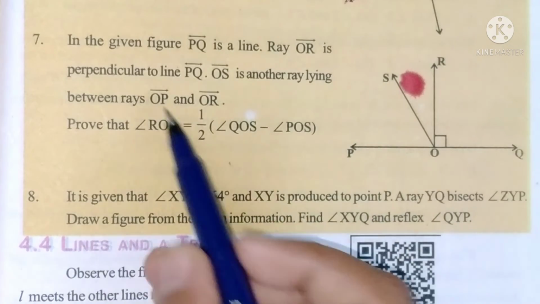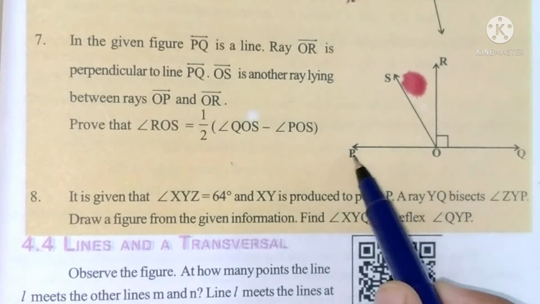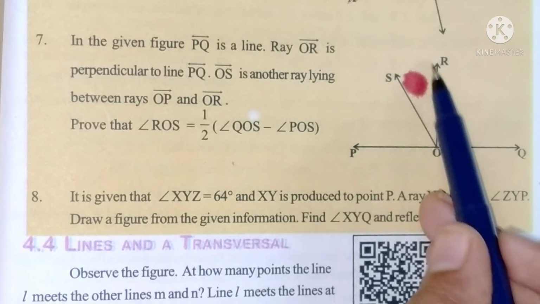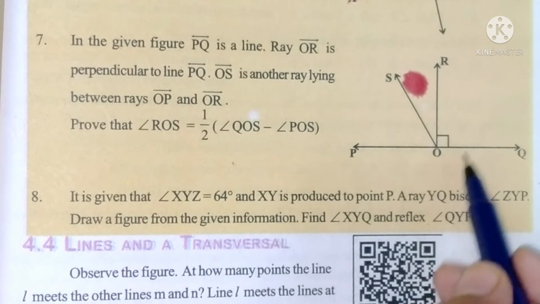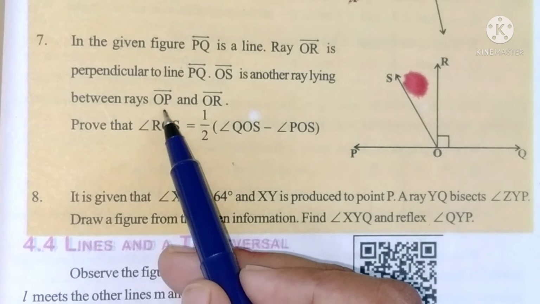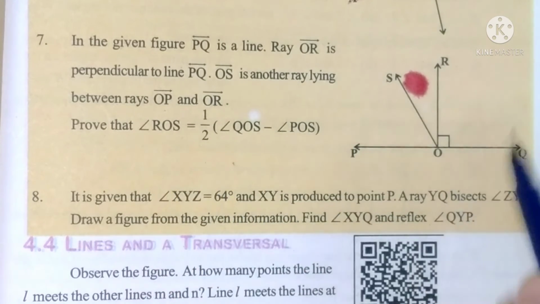Seventh problem. In the given figure, PQ is a line, and ray OR is perpendicular to PQ, that means it is 90 degrees. OS is another ray lying between rays OP and OR.